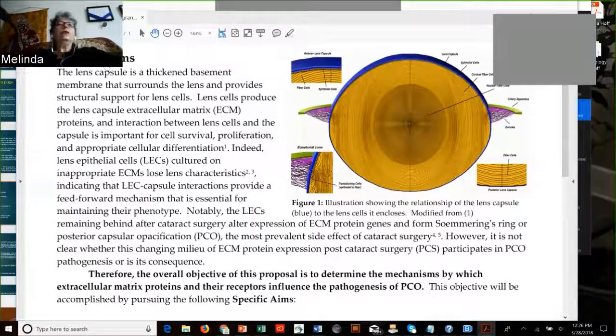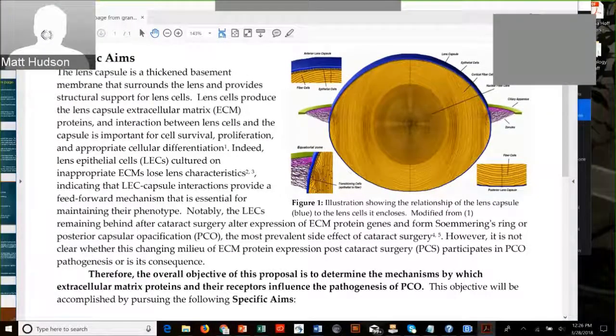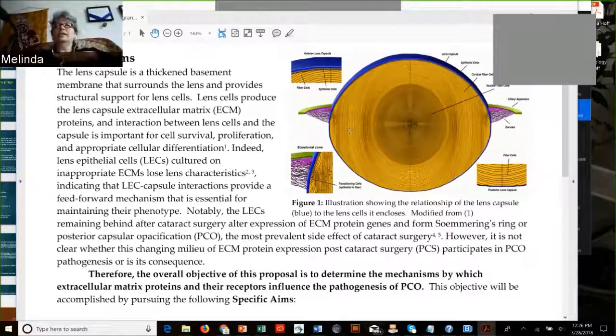So what I started with was a big picture question that basically talks about how the lens works. I study cataracts and I study the ocular lens. So the first couple sentences just talk about how the lens works: we have cells that communicate with the basement membrane, and how the cells talk to this basement membrane affects how lens cells behave.